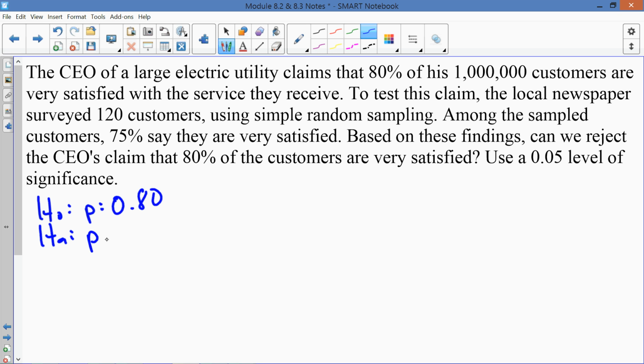But if he's wrong, we don't really care if it's greater than it. So we're not going to say different from. If he's wrong, it would be the case that p is less than 0.80. Okay, and so what you want to do is use the calculator to find a p-value and see if that p-value is below that 0.05 level of significance.